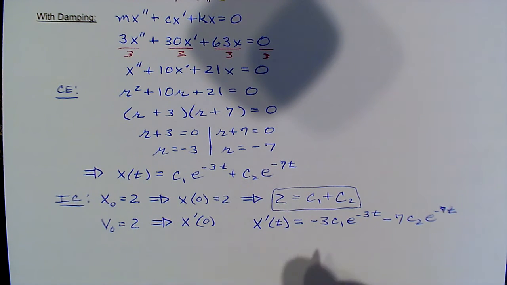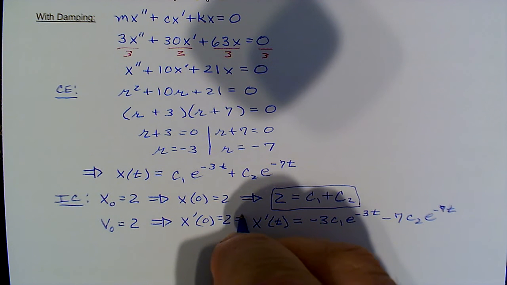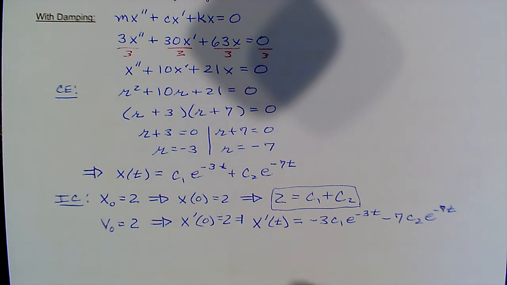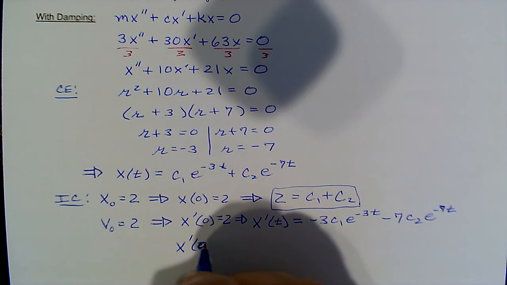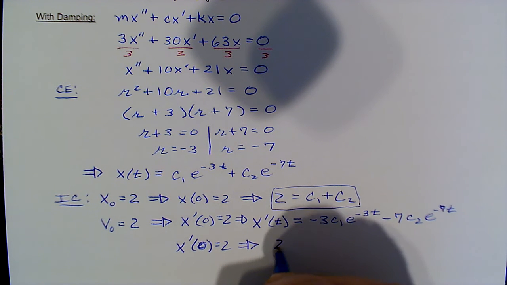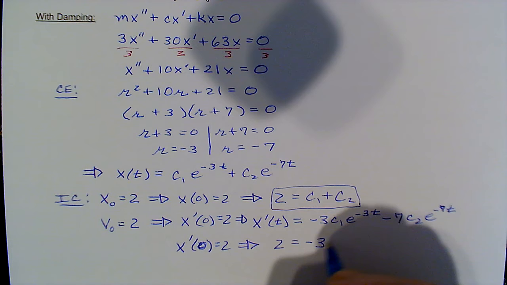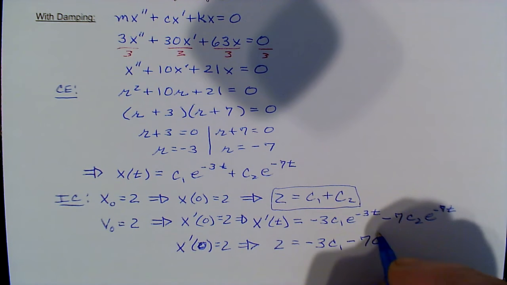So then, using the fact that x prime of 0 is 2, I'm sorry, gives us that 2 is negative 3c1 minus 7c2.